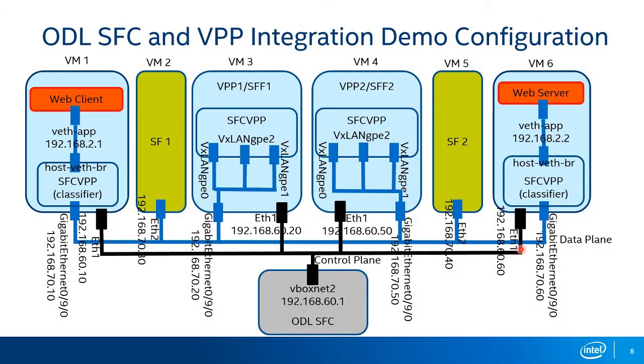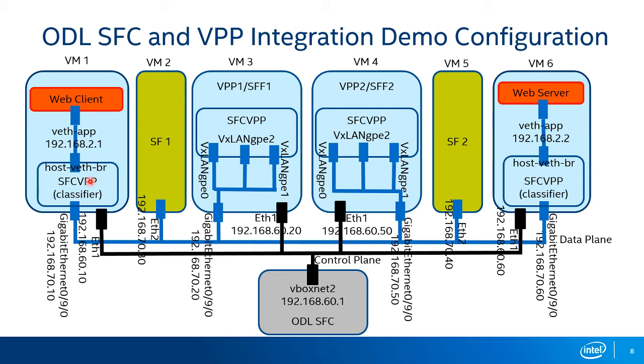This is the physical topology and configuration. VM1 and VM6 are classifiers. The web application uses an Ethernet interface. VETH-APP and host VETH-BR are a VETH pair. Host VETH-BR is attached to bridge domain SFC VPP.